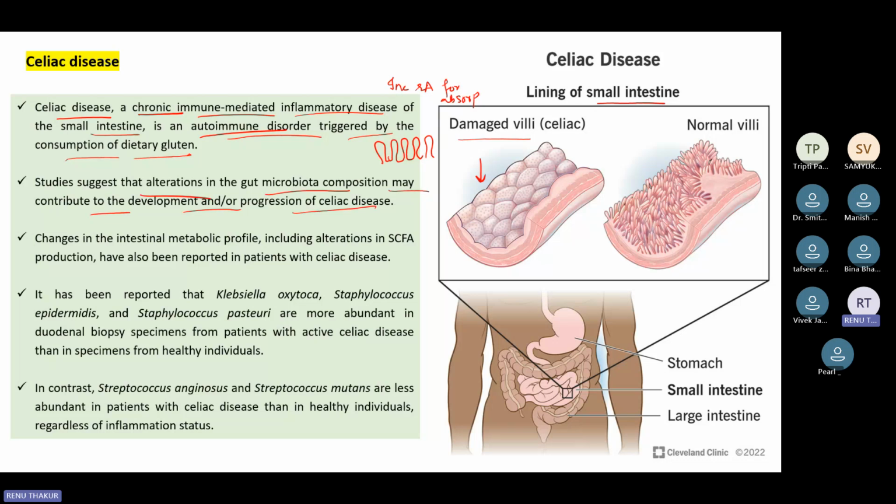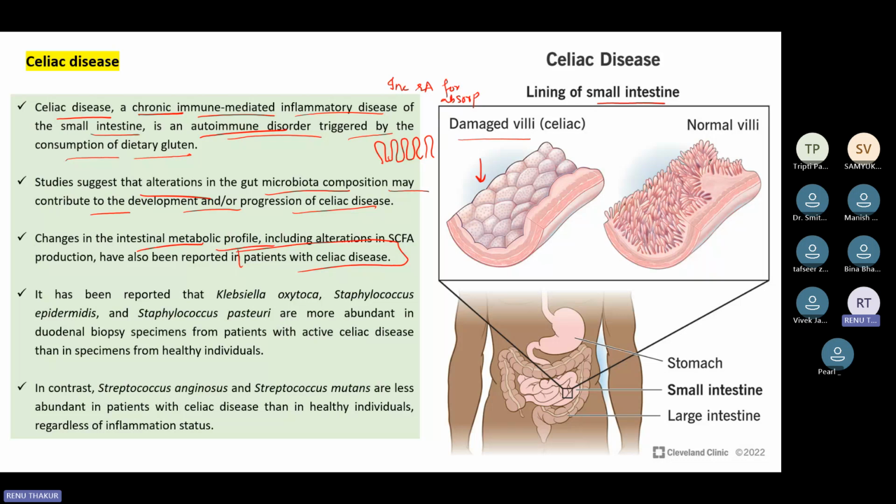It will lead to changes in the intestinal metabolic profile, including alteration in SCFA production, and this has been reported in patients with celiac disease. It means all these things are not just theoretical, but it has also been proven that if you are a patient with celiac disease, you will have altered short chain fatty acid production in your body. You will have an altered intestinal metabolic profile.